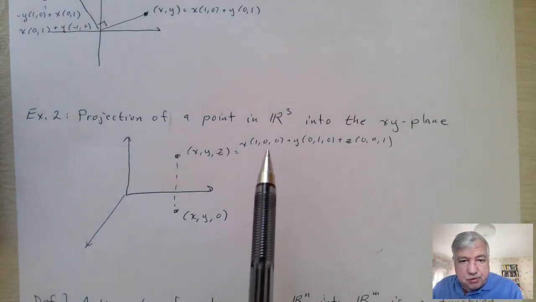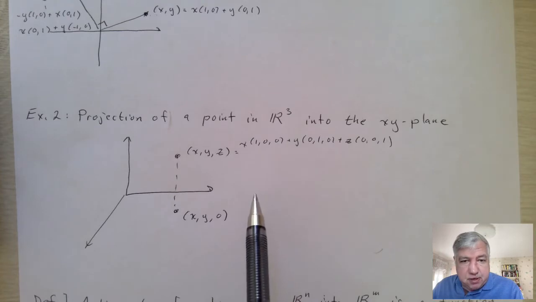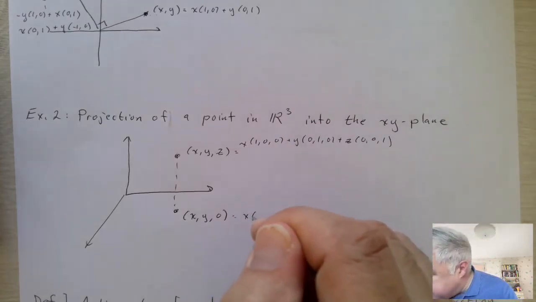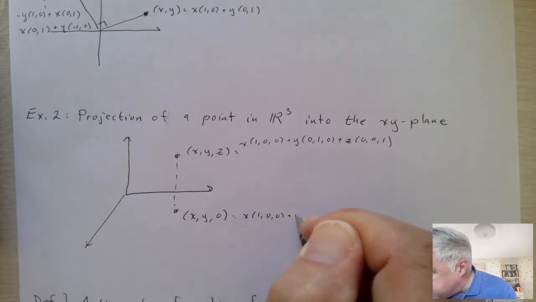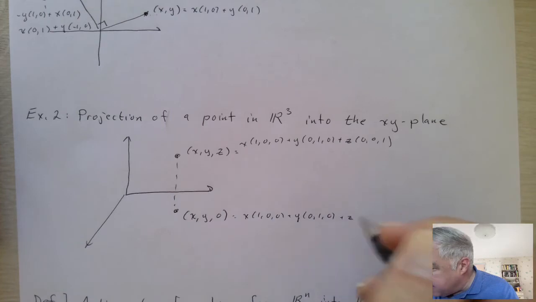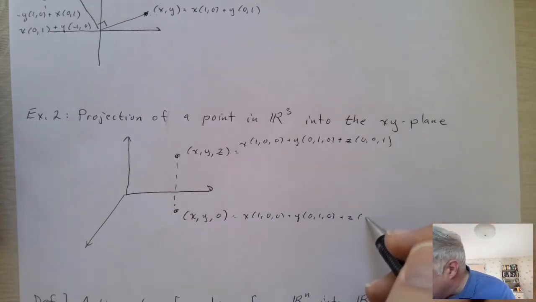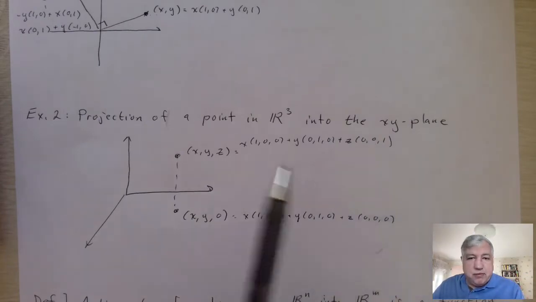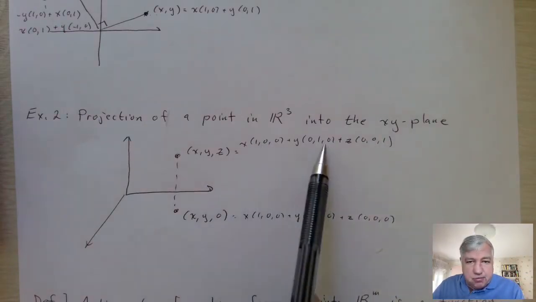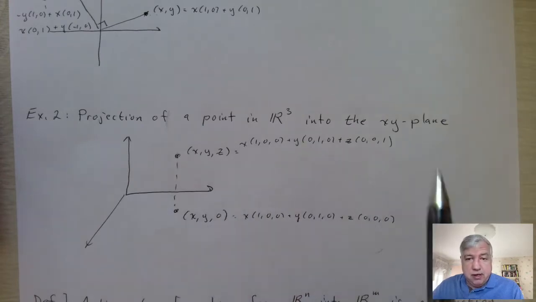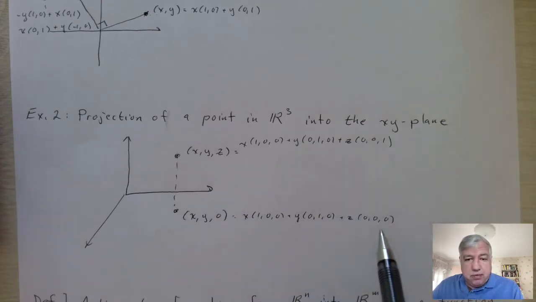If we apply this projection to each of these, we get x times (1, 0, 0) plus y times (0, 1, 0) plus z times (0, 0, 0). Points already in the xy plane stay where they are, and a point that is not in the plane is projected to the point in the plane.